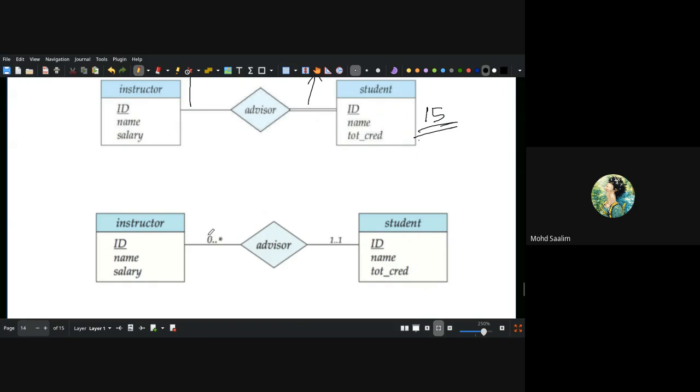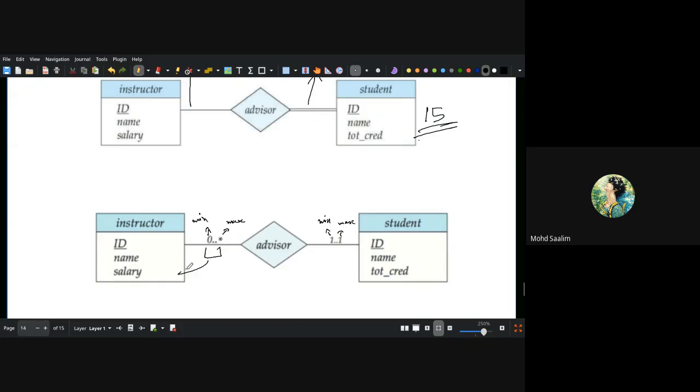So you see, this is one more way to show the cardinality of the relationship. So this is 0, means the minimum number of rows, and this is the maximum number of rows possible. This is the minimum number of rows possible, and this is the maximum number of rows possible.